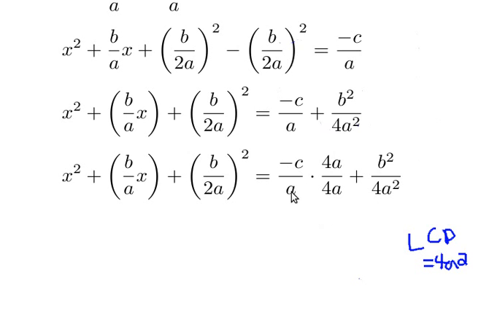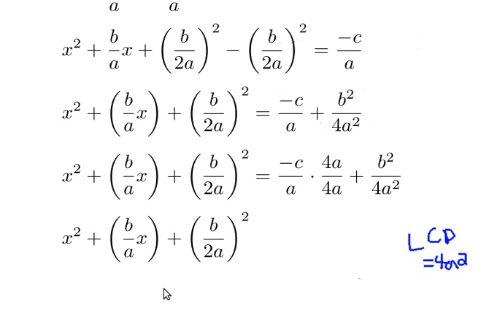Okay, so now we want to go ahead and multiply these two together. On the left we'll have the same thing, because we haven't even touched the left side, equals, and then we get negative 4ac.